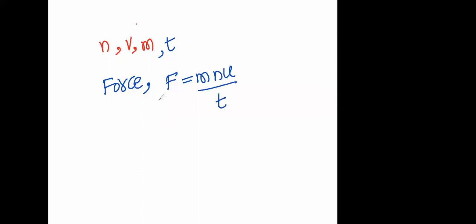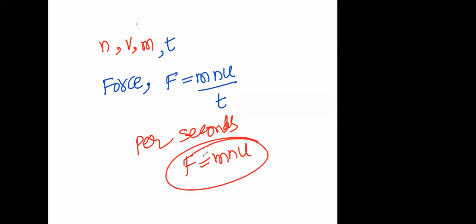If the problem says n bullets are fired per second, each bullet mass is m and each bullet velocity is v, then F is equal to mnv.